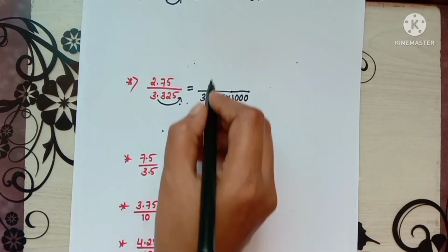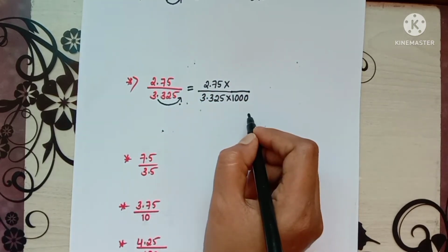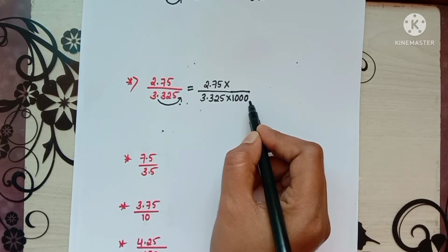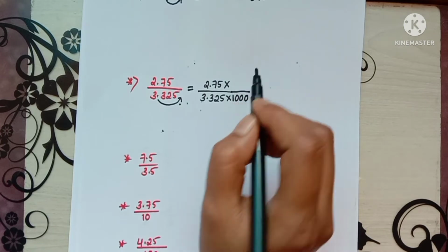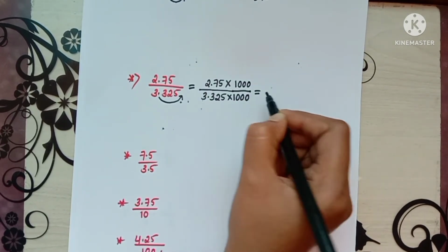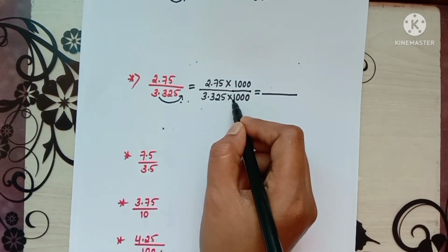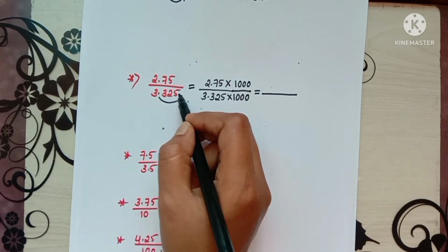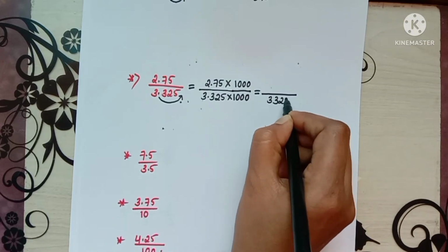In the numerator what do we have? 2.75. So here also we have to multiply it by 1000 only, because in order to balance the calculation, here also we have to multiply it by 1000. What is 3.325 multiplied by 1000? We have shifted by 3 digits, means the decimal point comes after 5, that is 3325.